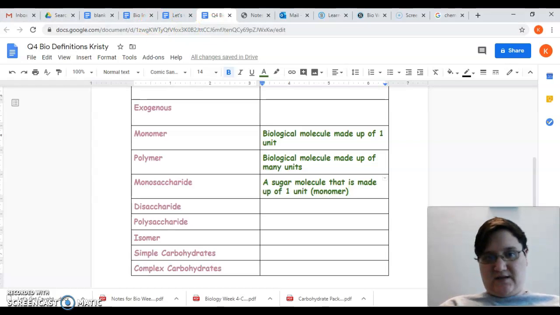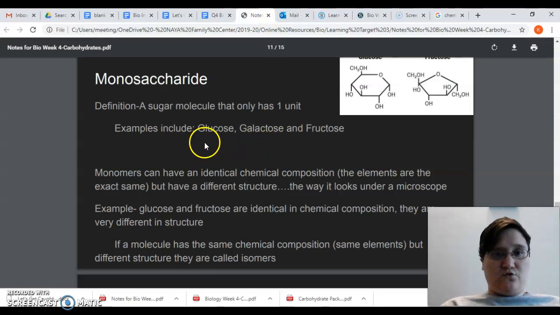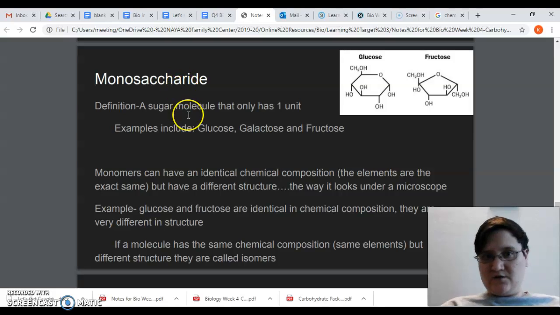If you're asked for the definition of a monosaccharide, you say it's a sugar molecule and it's only made up of one unit. Alright. So the three examples that you are given for monosaccharides are glucose, galactose, and fructose. Those are the three examples you'll be expected to know. Glucose, galactose, and fructose. Okay?